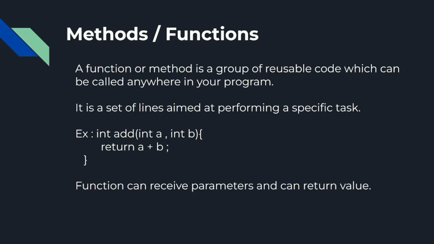For example, you can see the function add here. It is taking two parameters a and b, and it is aimed at performing a single task, that is returning the sum by adding the numbers which it received. And as you might have already guessed, a function can receive parameters and it can also return a value.